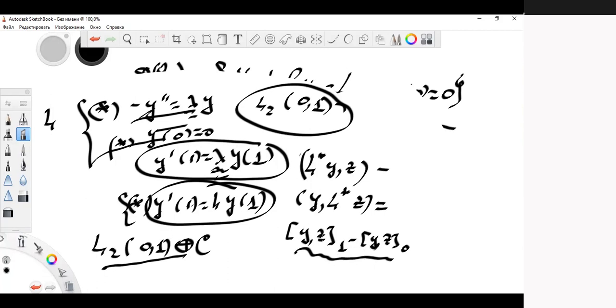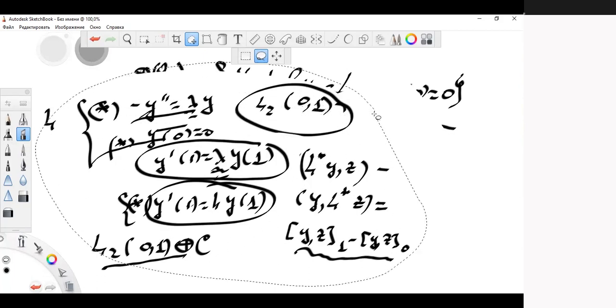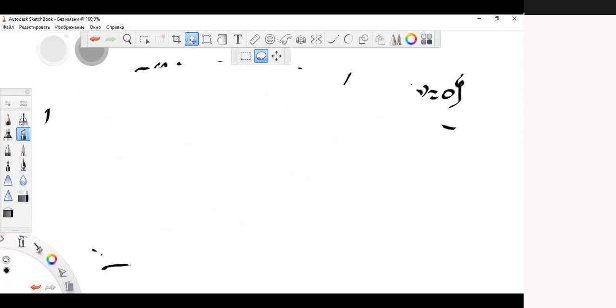But let's just consider a simple case. Let's delete all that. I just want to make clear what is the sense of why we go out from that space.